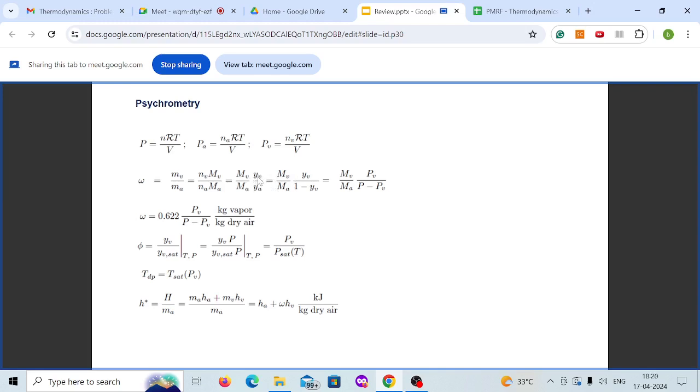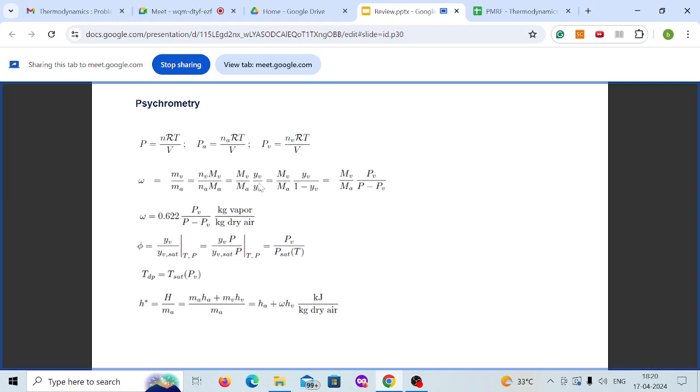Applying Dalton's partial pressure law, the mole fraction is proportional to the partial pressure, so it will be Pv divided by Pa.